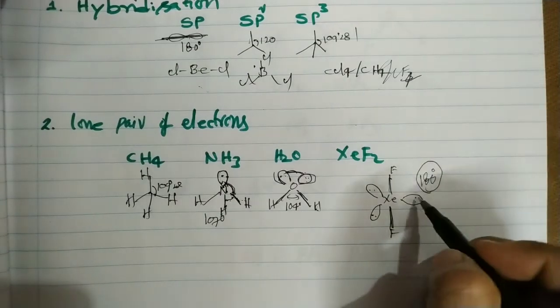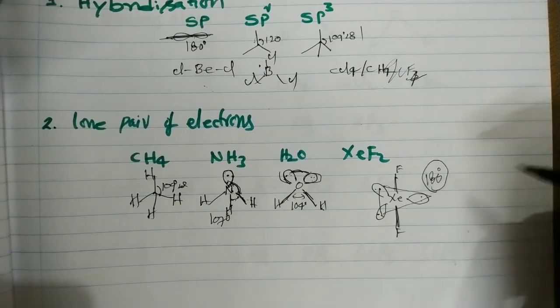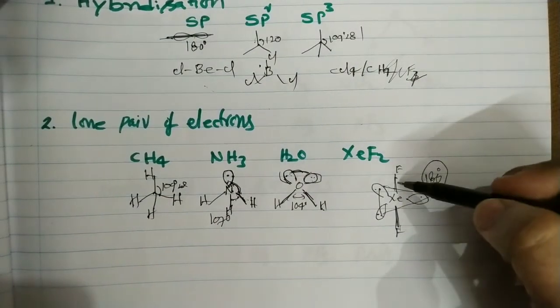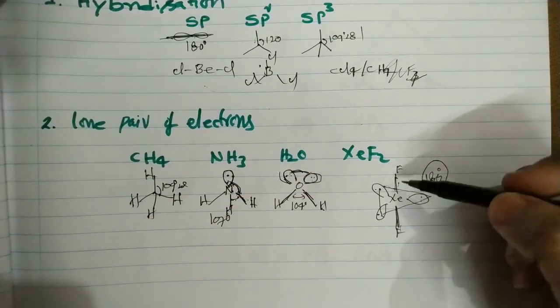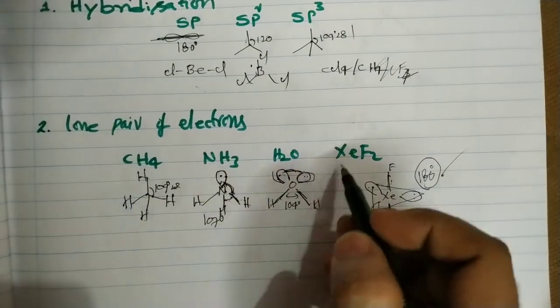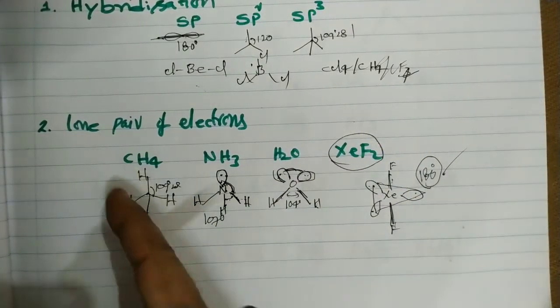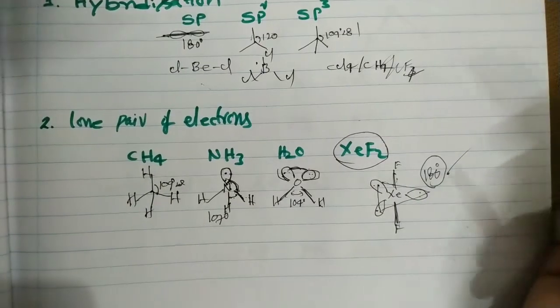Three lone pairs are in the plane, so these two bonds are present in a single line. So the bond angle is 180 degrees. So the bond angle is higher for XeF2, and next CH4, NH3 and H2O.